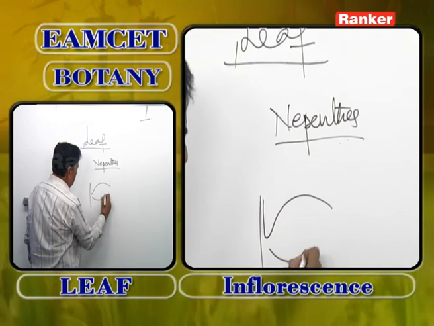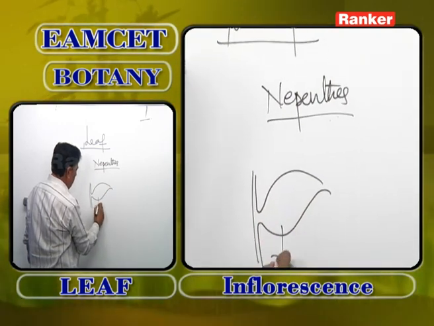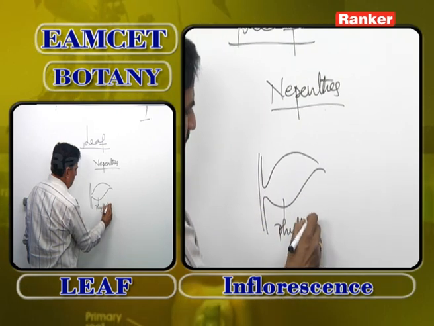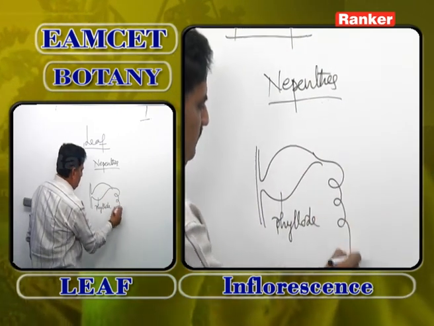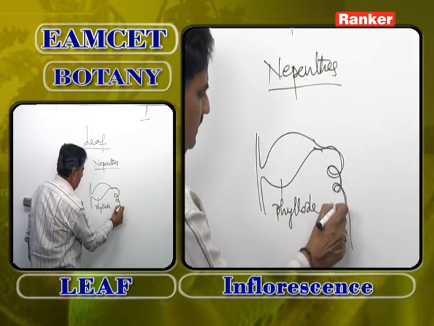The lower part of the petiole is modified into a broad, expanded, green-colored special photosynthetic structure called phylloid, which performs photosynthesis. The upper part of the petiole is modified into a tendril.